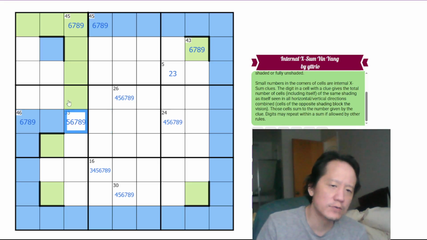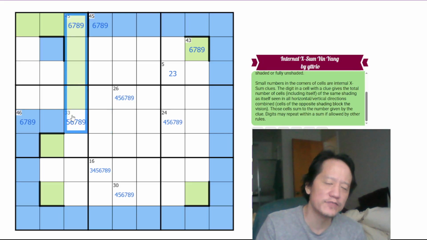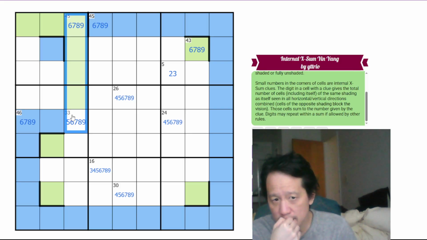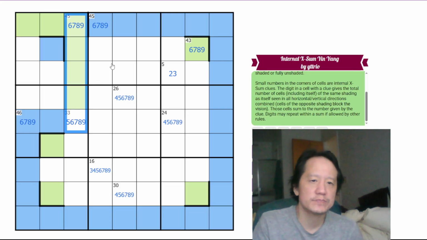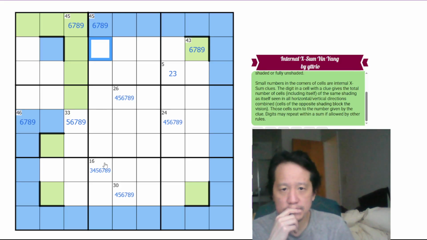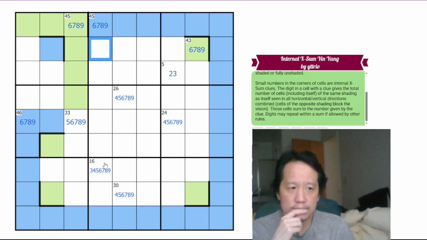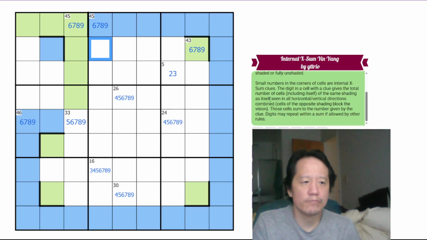Can this be green? I guess so, if it stops there. Hmm. This could be green.